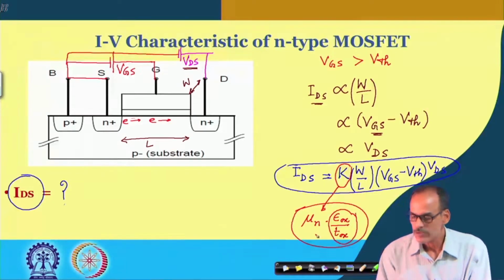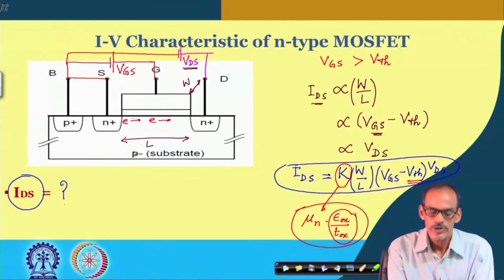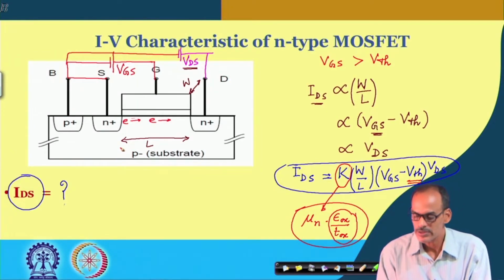In addition to that, of course, the device parameter is the VTH, which depends on whatever the doping concentration is in the substrate and so on. But as a circuit designer, you may assume that both K is constant and VTH is also constant.